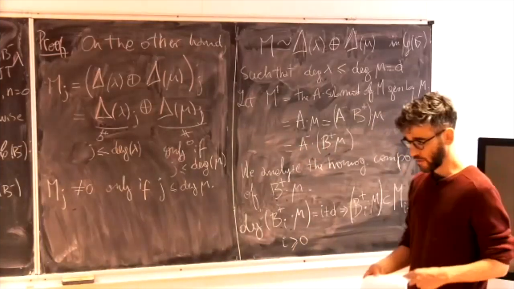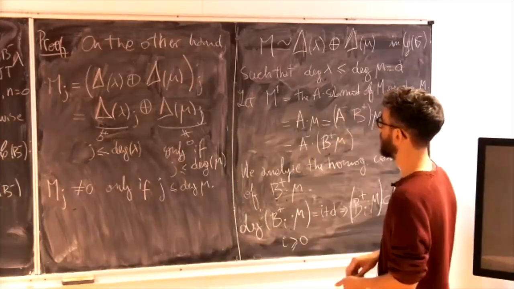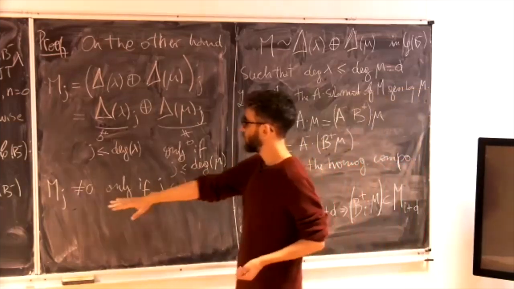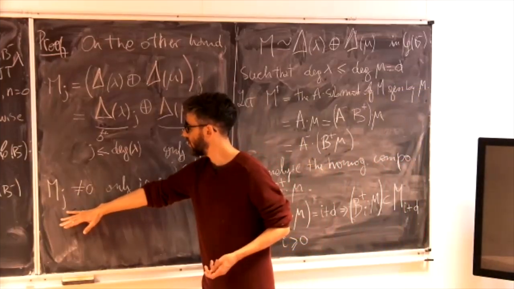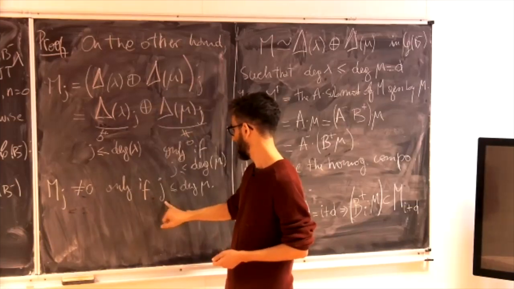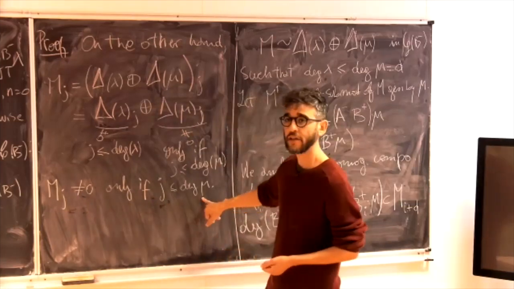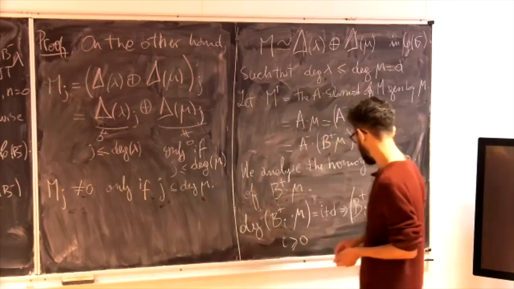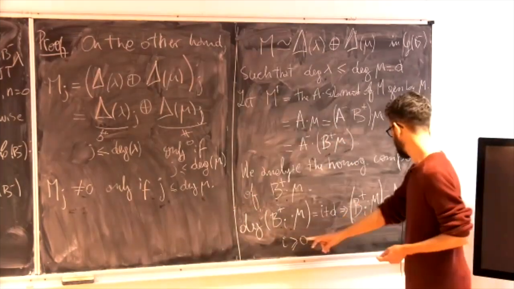So we have to put these two things together. We have that the homogeneous component of M is different from 0 only if J is smaller than the degree of mu.